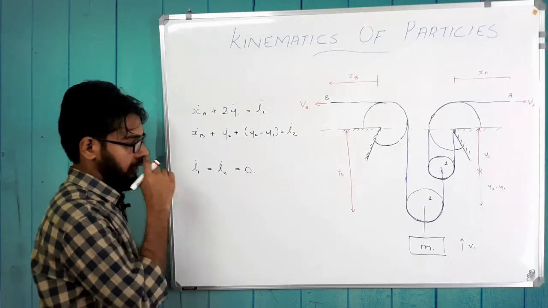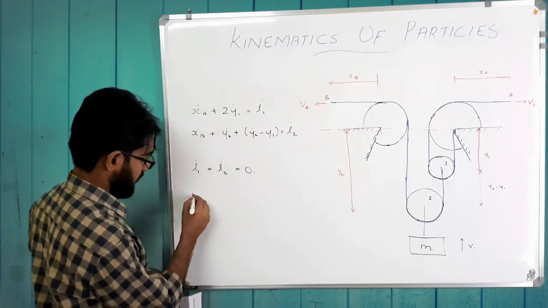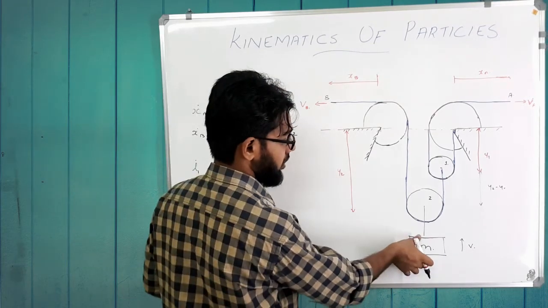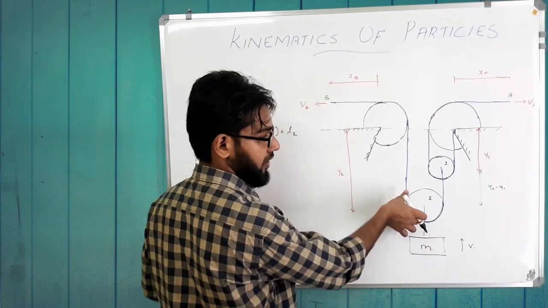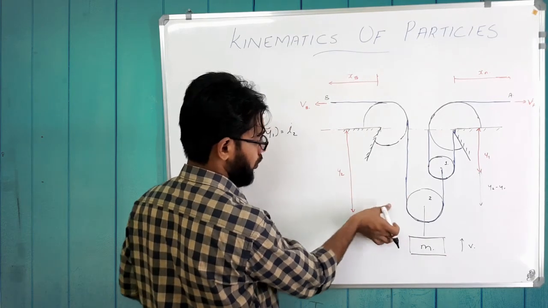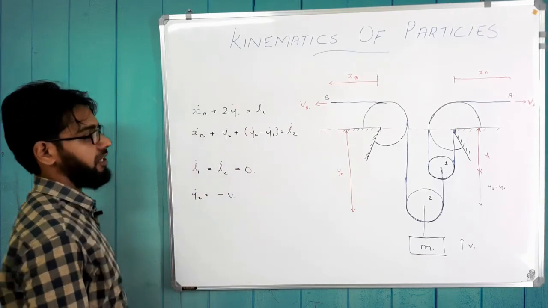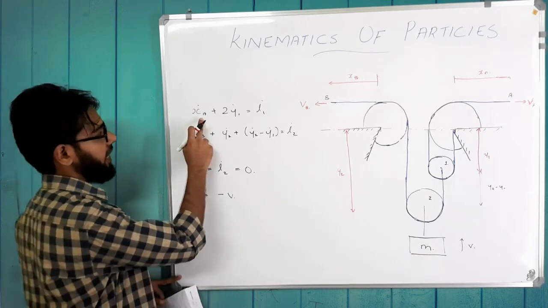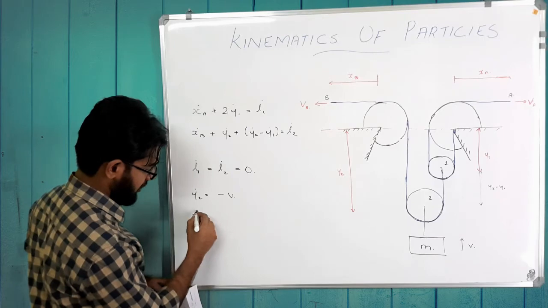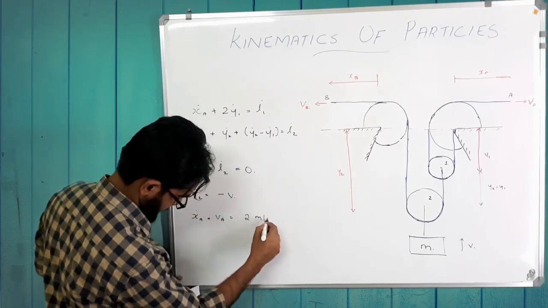Now Y2 dot will be equal to the velocity in the upward direction. So Y2 dot will be equal to minus V. And XA dot is already given to you, velocity VA, which is equal to 2 meters per second.